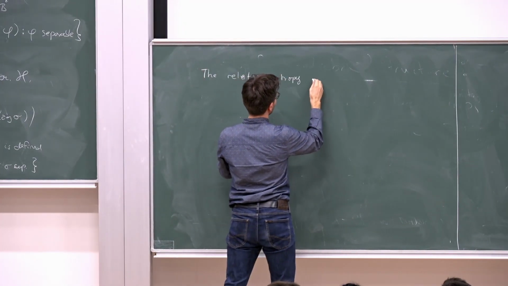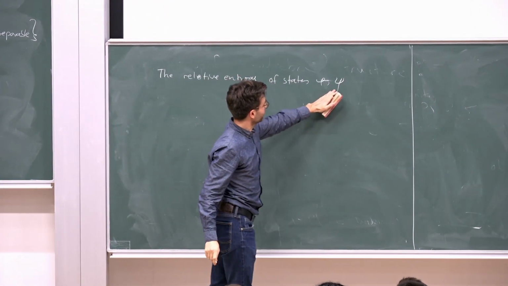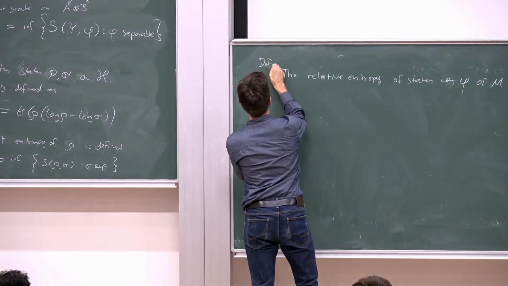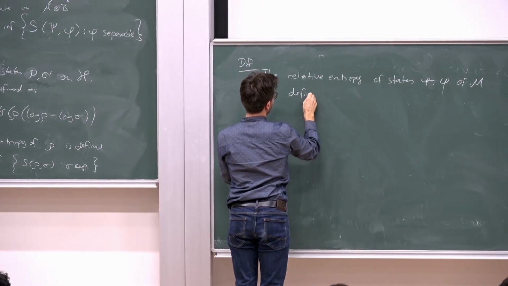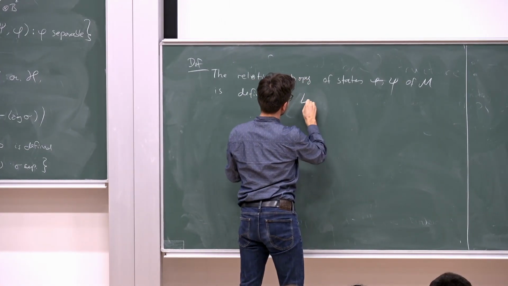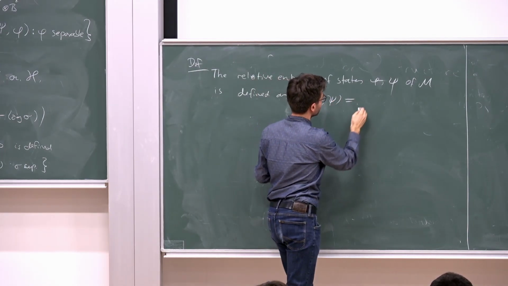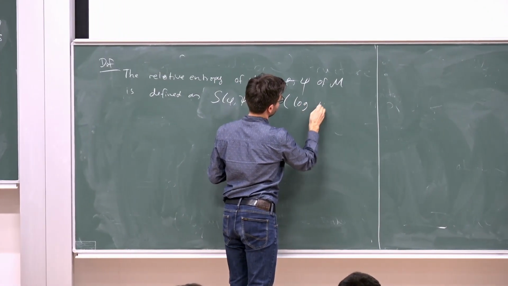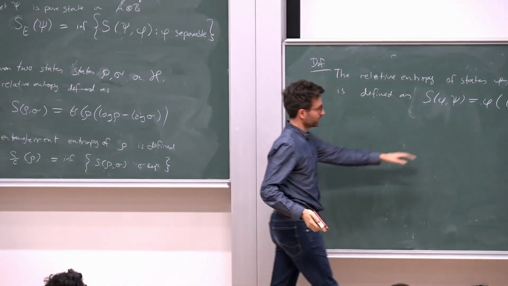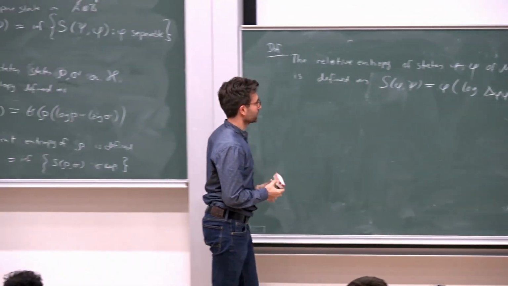The relative entropy of states, let's call them phi and psi, and they are not pure now, they are general states of M, is defined as follows. The relative entropy S(phi, psi) is defined as phi of the logarithm of a strange operator, delta phi psi, that we're going to construct now. So one can write it down in this way.